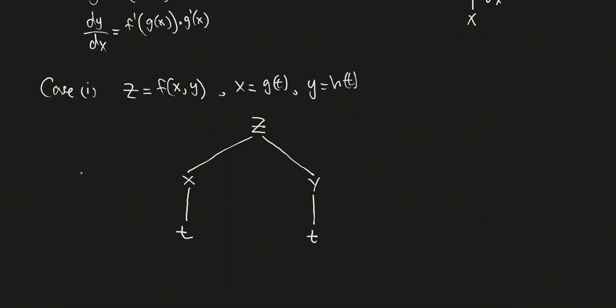All right, so in order to see how this rate of change of z comes about, this is where I'm going to put some derivatives. I'm going to label each of these branches with different derivatives, and I'm going to use everything in terms of the partial d. So, for instance, along this branch, when x changes, z will change at this rate, so dz dx. And then along this branch, when y changes, z will change at that rate.